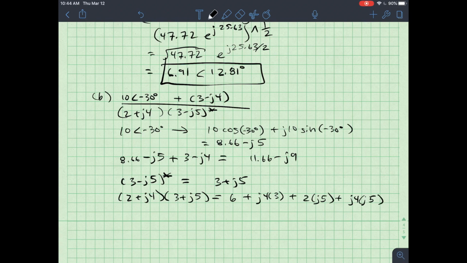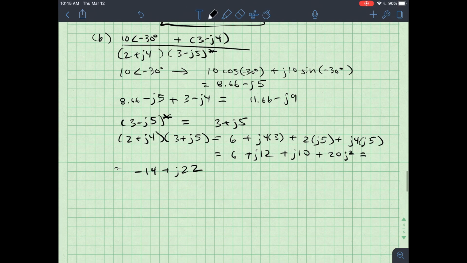So altogether, that yields 6 plus j12 plus j10 plus 20 times j squared, which is equal to minus 20, right? So this equals 6 minus 20, so minus 14, plus j22.